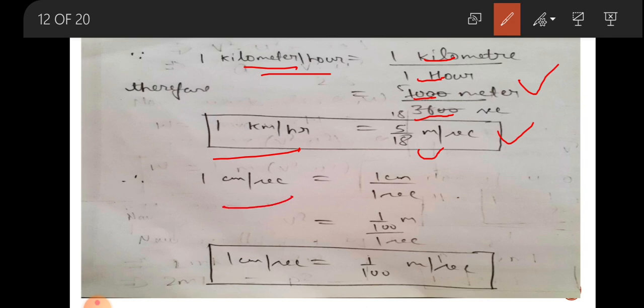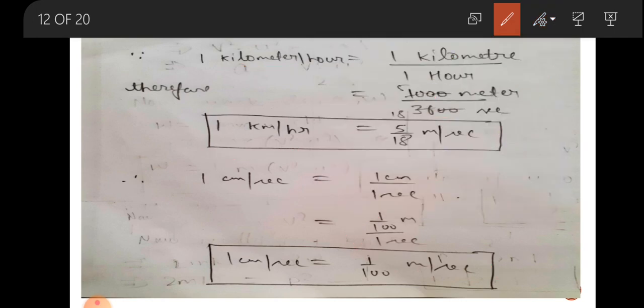Similarly, suppose your speed is given in centimeter per second. 1 centimeter per second means 1 centimeter upon 1 second. 1 centimeter can be written as 1 upon 100 meter, and 1 second remains 1 second. So 1 centimeter per second is equal to 1 upon 100 meter per second.